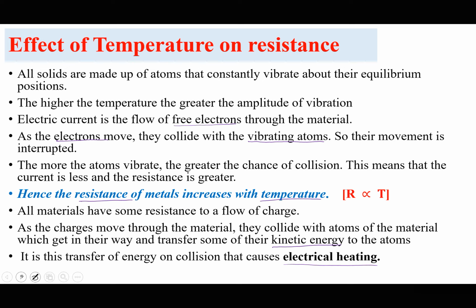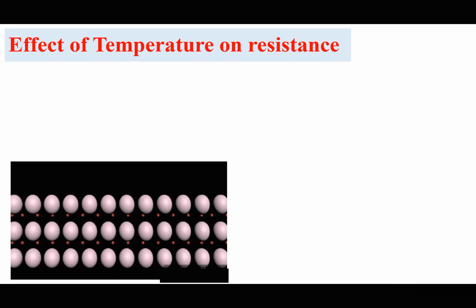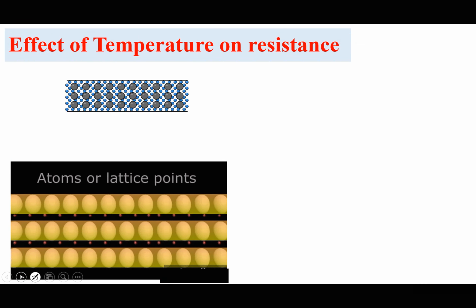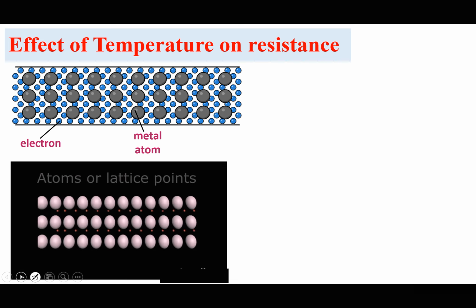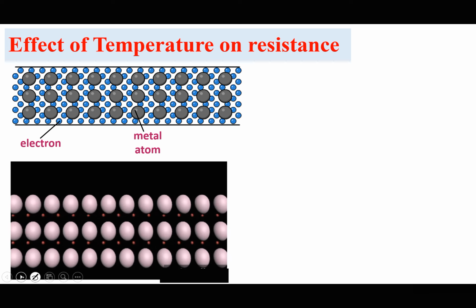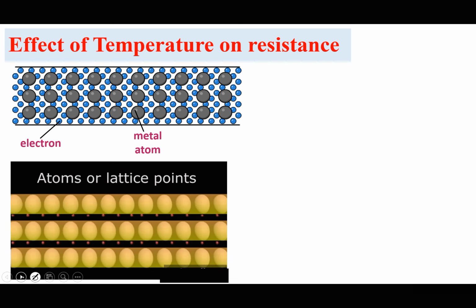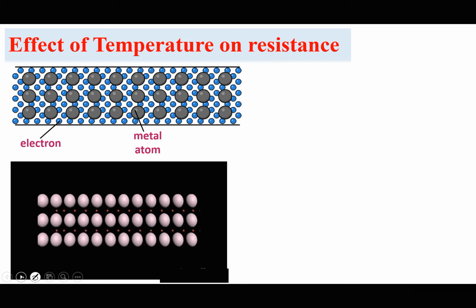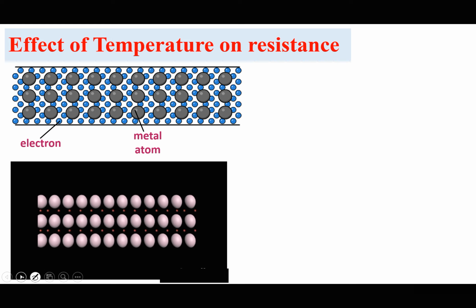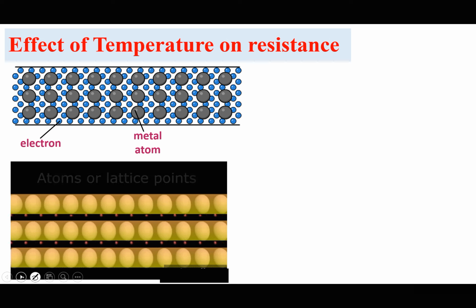So to understand this, let's focus on a simple animation as shown here. In a metal conductor or a metal wire, we have free electrons and we have atoms. The atoms of a solid are arranged in a regular pattern to form what we call a lattice. If the temperature increases, the vibration of the atoms increases.